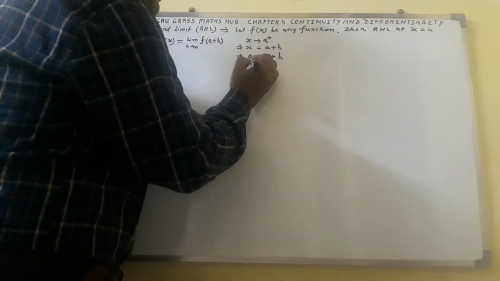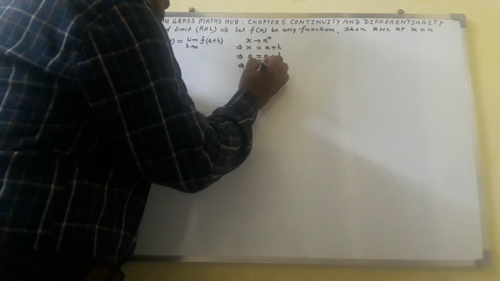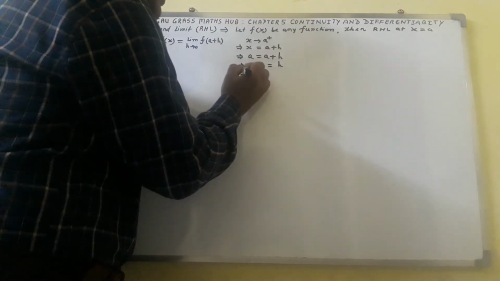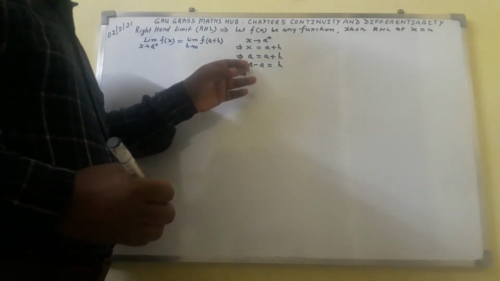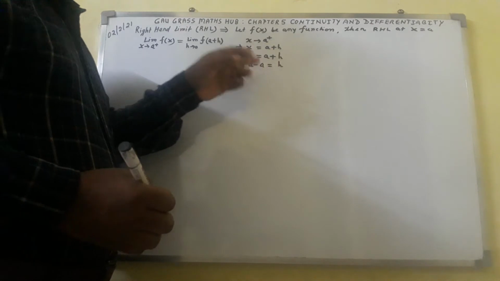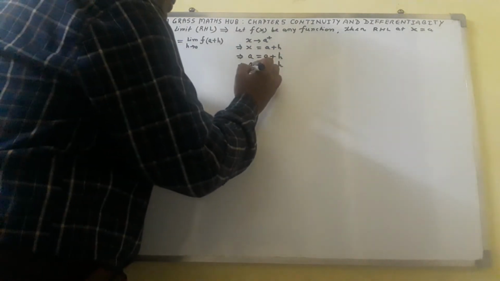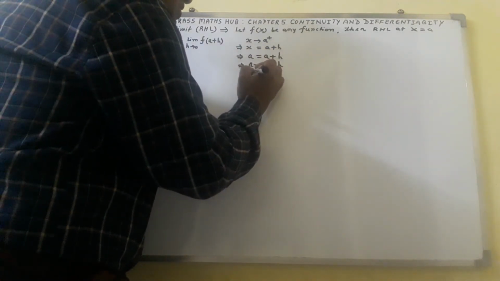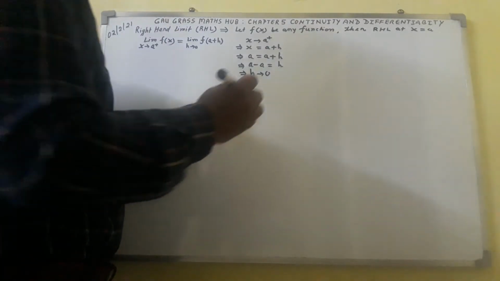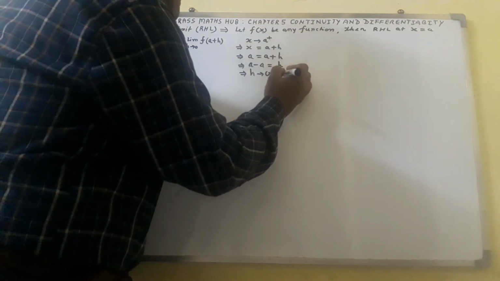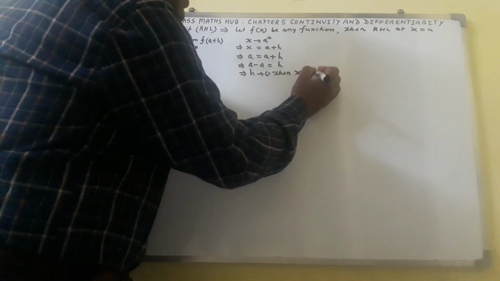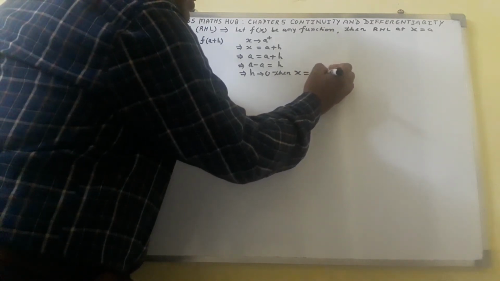Imply that a minus a equal to h. So a minus a comes out to be 0, so h equal to 0 it will become. So here I shall write h tends 0, then x equal to a plus h it will become.